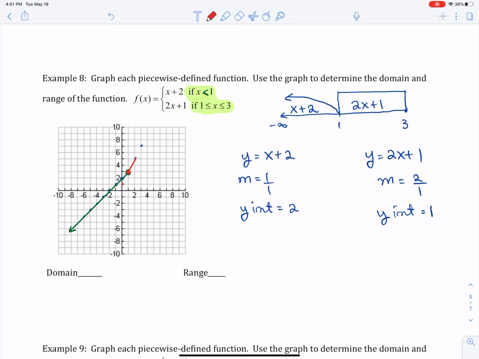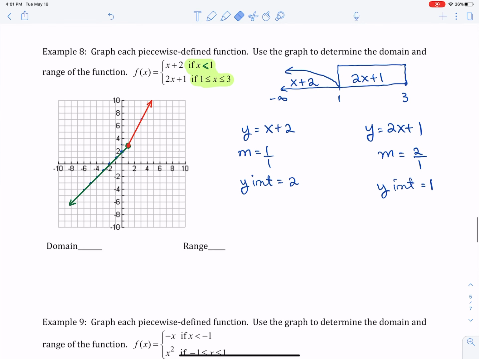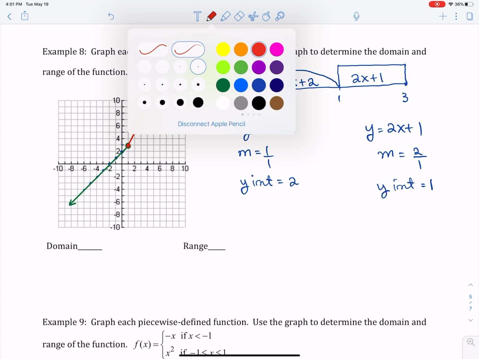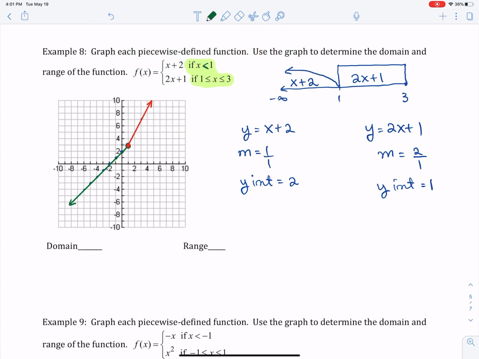So it's right here, and it looks like they overlapped. That initial empty dot was overlapped with the second graph. So the graph is not supposed to be different colors. I just graphed it for you to see that those are two different pieces, but in fact, this graph is one whole thing.